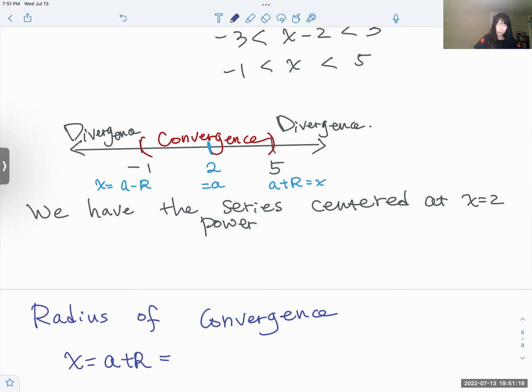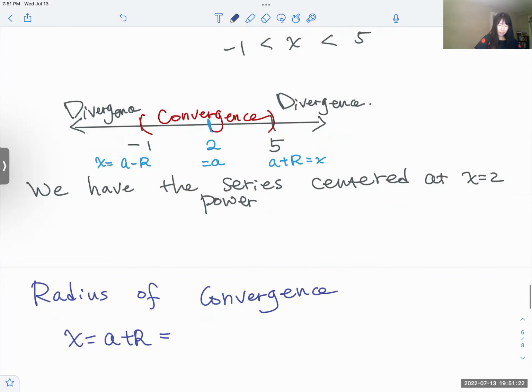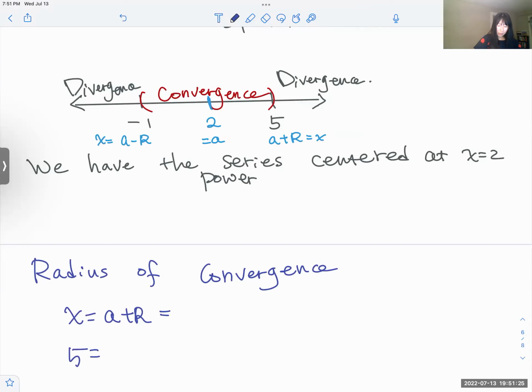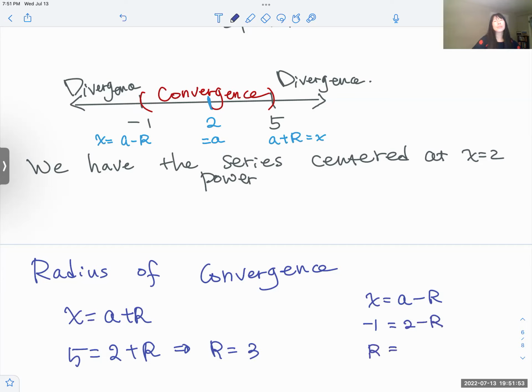So the right side, which is 5, equals a, which is 2, plus r. Then r equals what? 3. We can check the left side too. x equal to a minus r, so x equal to -1 equals 2 minus r. So r equals what? Also 3. It's also 3.